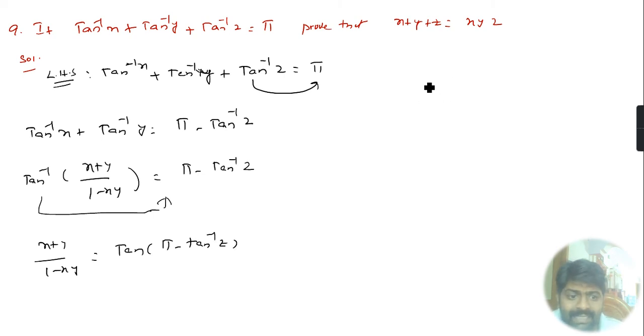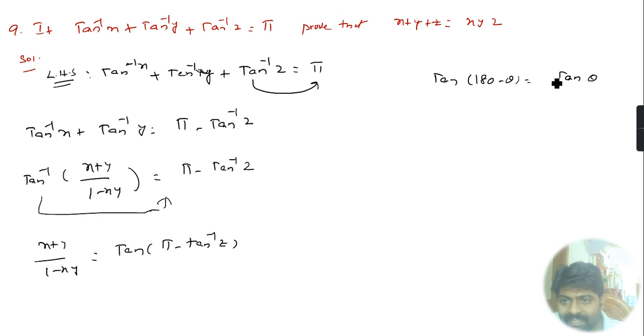And we know that tan of 180 minus theta, in 180 the function is the same, that is tan, and 180 minus theta is in the second quadrant. In the second quadrant, only sine and cosecant are positive, the remaining terms are negative.